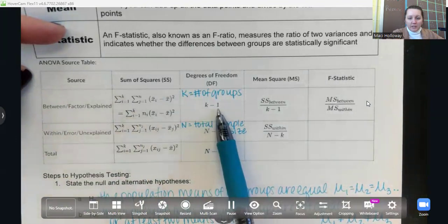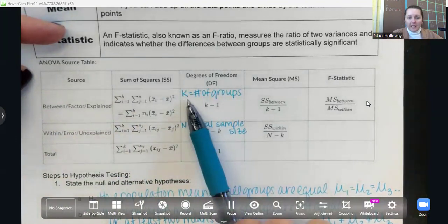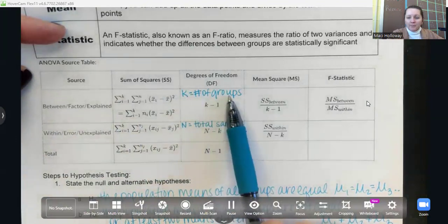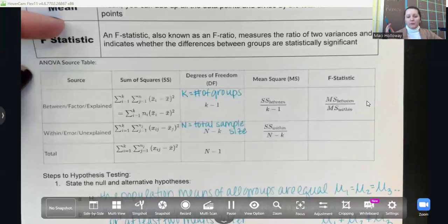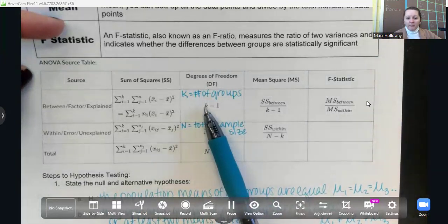And then degrees of freedom between. So notice we have a new variable here, K. K equals the number of groups. So going back to our Coke analogy, or Coke, Fanta, root beer, effects of caffeine, there were 3 groups, right? Coke, Fanta, and root beer, the effects of those 3 caffeinated drinks. So the K value here would be 3.